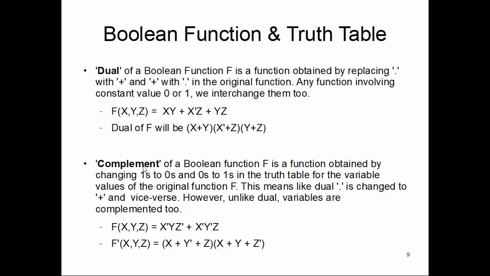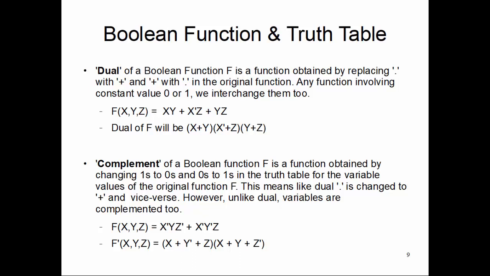That's also like the dual. However, unlike the dual, variables are also complemented. So if there is an x bar involved, we change it to x. If there is a y involved, we change it to y bar. So variables are complemented together.